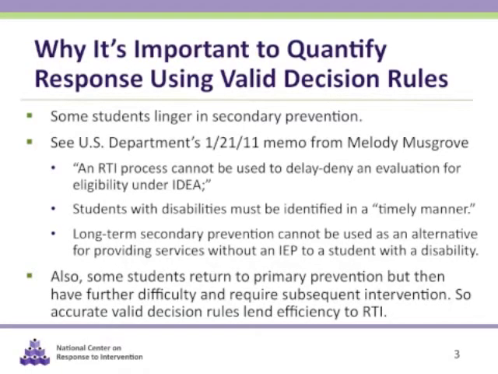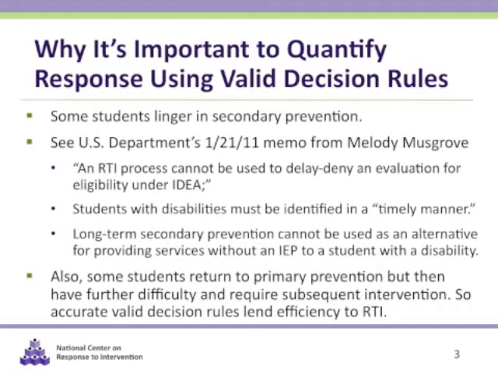It's also ineffective for students to linger in secondary prevention. If a student has not responded to secondary prevention within a reasonable amount of time, in all likelihood, they do require more intensive intervention. Some students return to primary prevention and do not do well there and therefore need to return to secondary intervention, return to tutoring again, because decisions have been incorrect about the fact that they are responders.